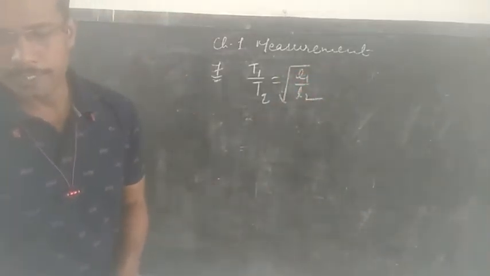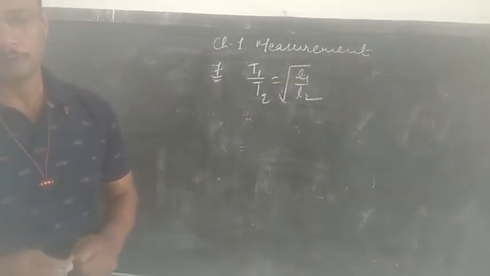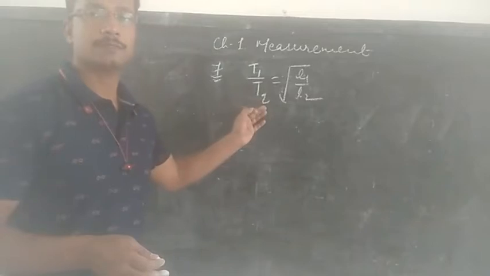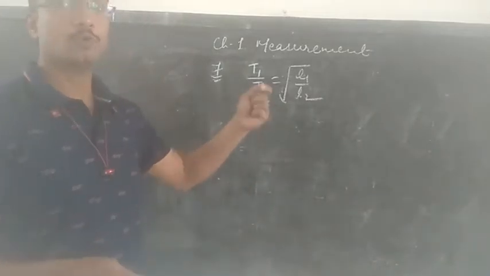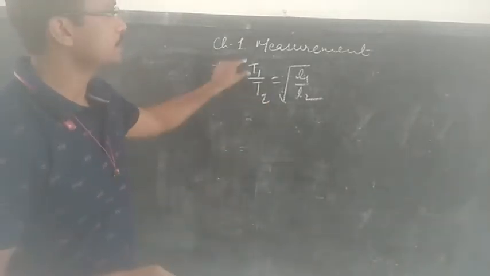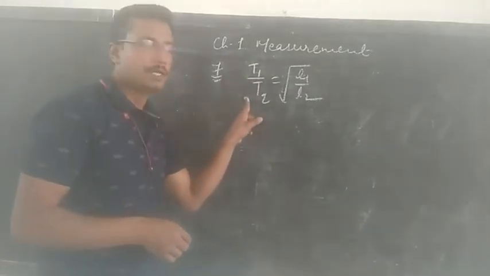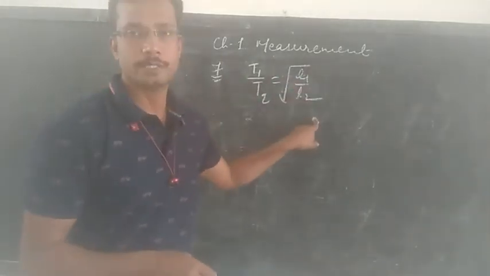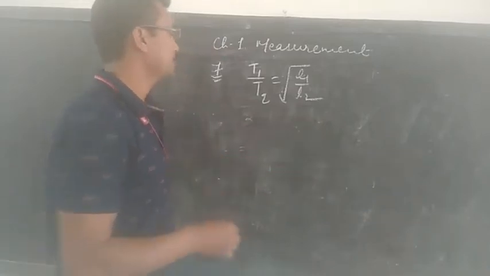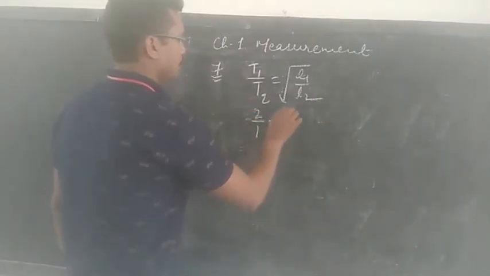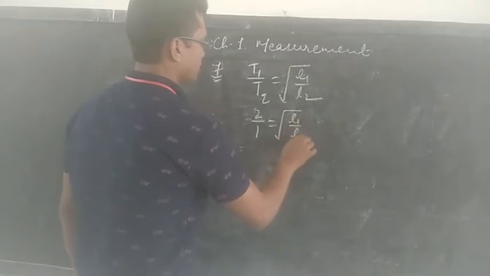and the ratio is given, where you can see there are two time periods given for two simple pendulums. That's why we have used this formula where two time periods are given. Similarly, two lengths are also mentioned. So we can write the ratio 2:1 and then L1 by L2.